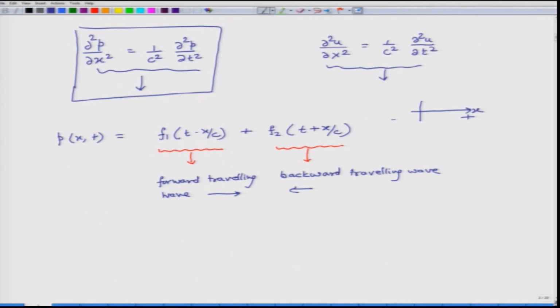So, p of x, t is the sum of f1 and f2, and I can have any type of function as long as it depends on t minus x over c, it is a valid function. So, here what we will do is say that f1, which depends on t minus x over c, we will define as a complex number p plus.